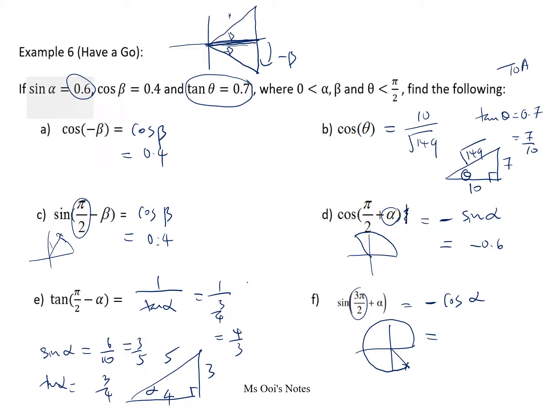So negative cos alpha. From the triangle that we got here, cos alpha is just 4 over 5. So it's negative 4 over 5, and that's it. So that's example 6, and let's move on to the next section.